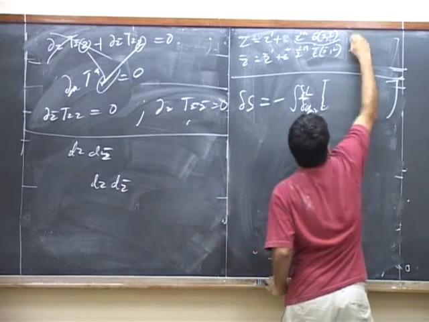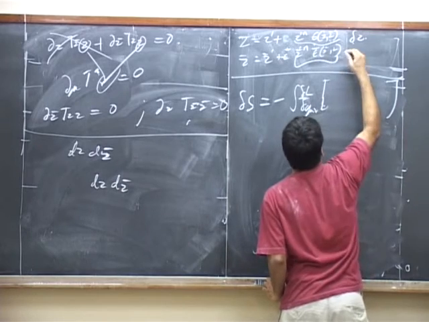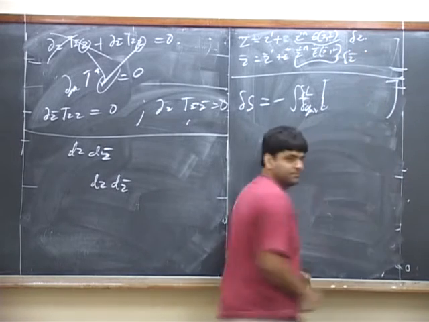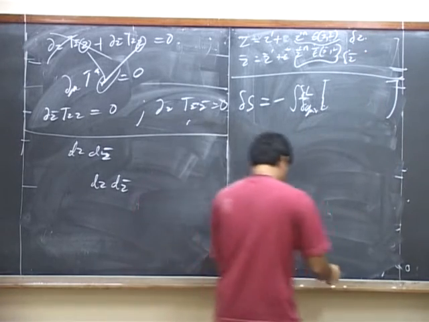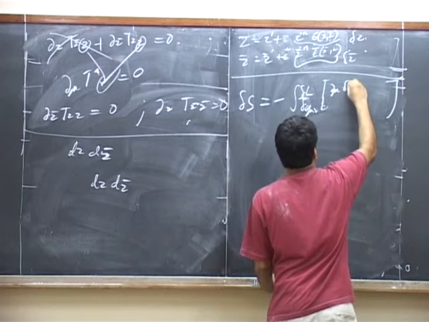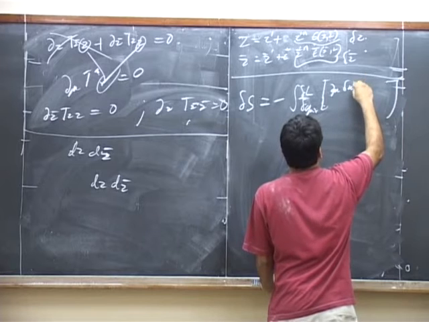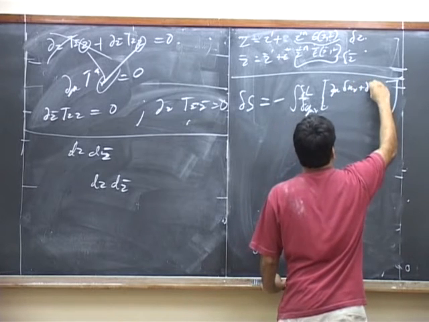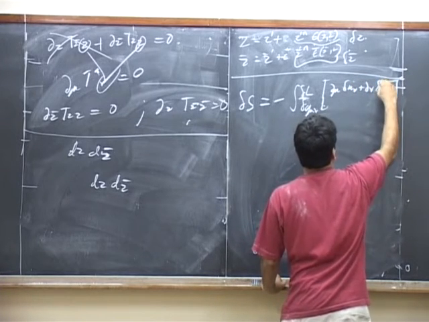Let's call this thing delta z and this thing delta z bar to make notation simple. So times del mu delta x nu plus del nu delta x mu.